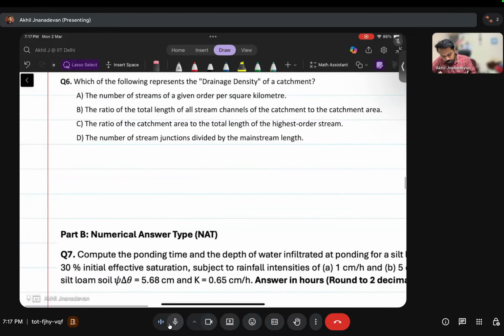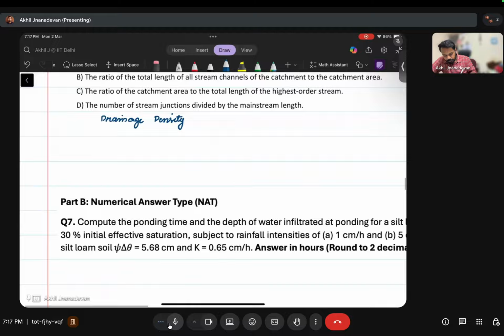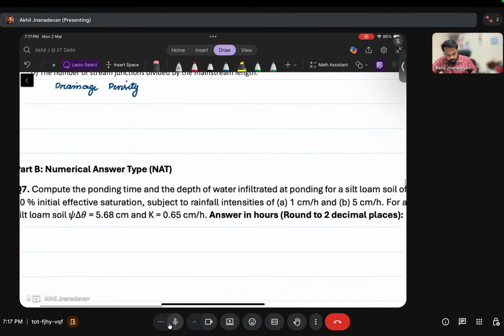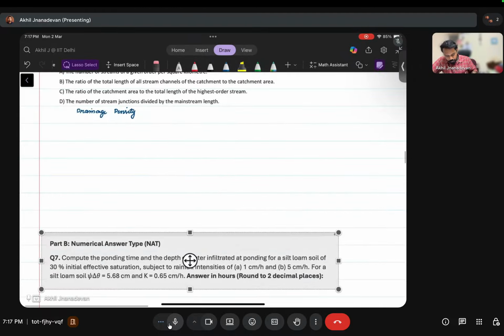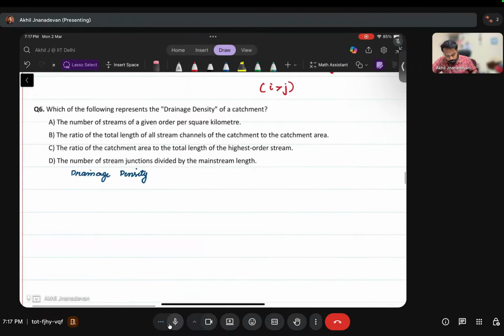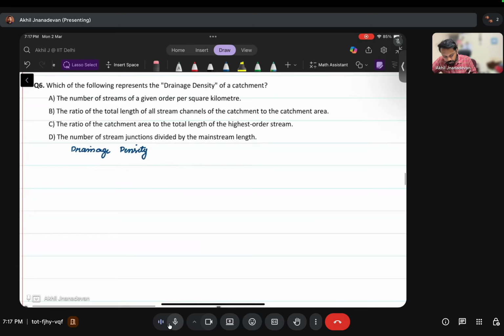One is drainage density, and the next is stream density.